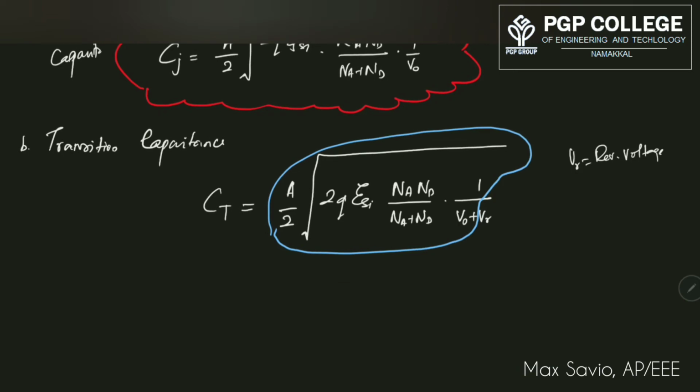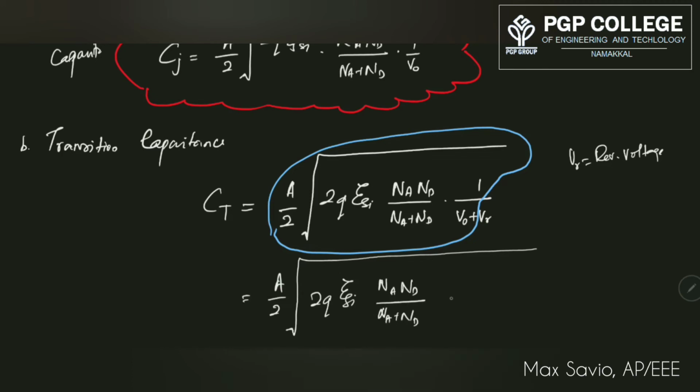If I take this V naught outside, which is common in this expression, it will be given as A by 2 the whole root of 2q epsilon Si Na Nd by Na plus Nd. Taking the V naught outside, it will be given by 1 divided by V naught, into 1 plus Vr by V naught.